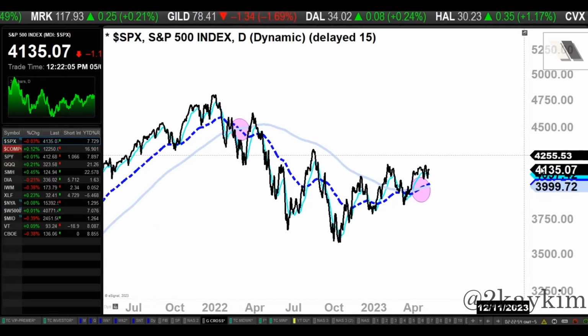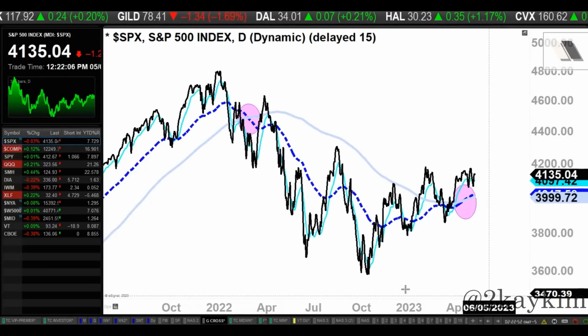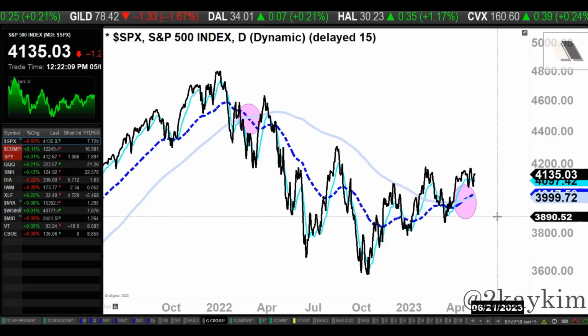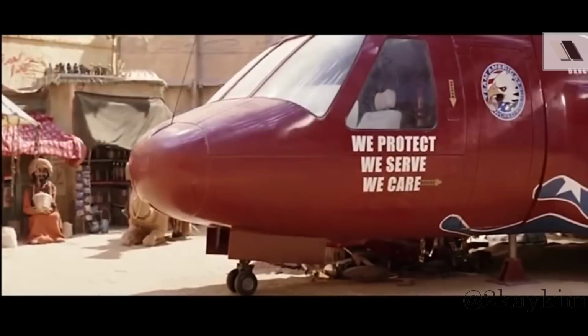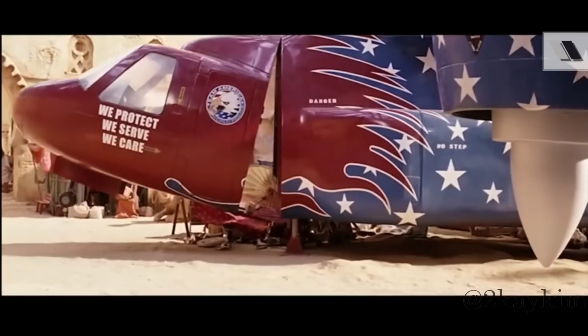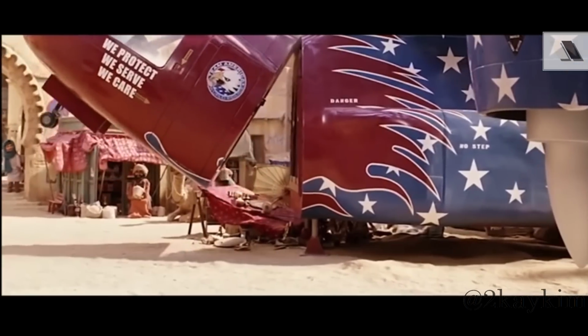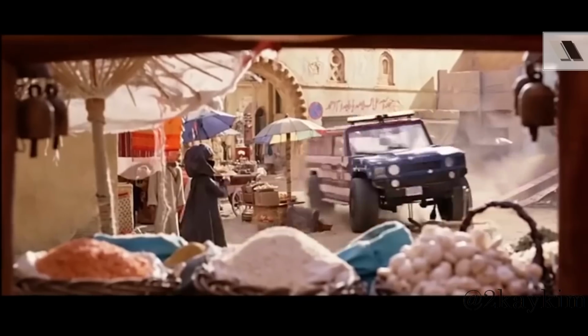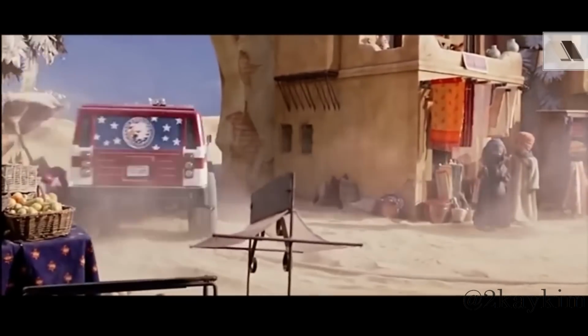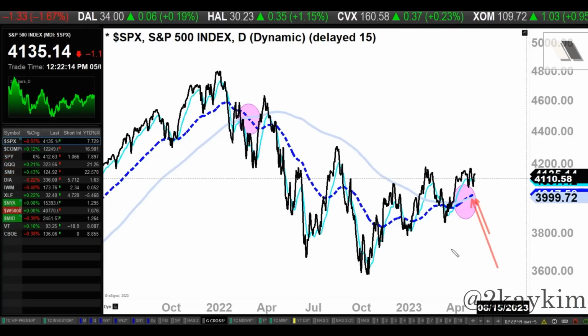And for the first time, ladies and gentlemen, since this decline of 2022, we have a golden cross. That appeared actually sometime in early April.